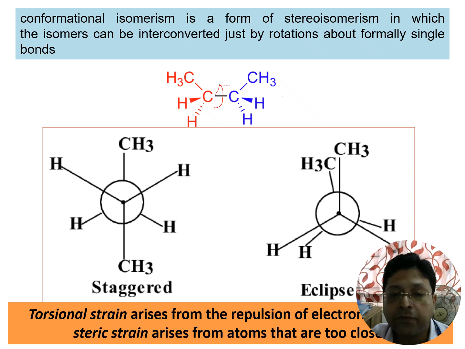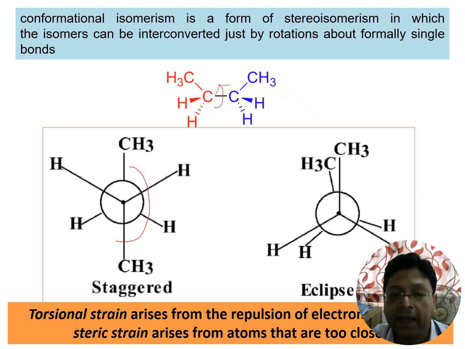Now the dihedral angle: with respect to this methyl carbon and the backside carbon, if we consider one plane, and this methyl carbon, the backside carbon and the frontal carbon, if we consider another plane, the angle between these two planes is 180 degrees.